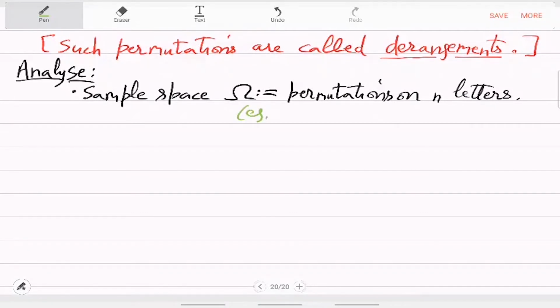For example, if you look at the permutation letter 1, letter 3, letter 2, then here letter 1 was put in the right envelope, the first envelope, but letter 3 has been put in second, letter 2 in third. So, second and third are wrong, they will be wrongly delivered.